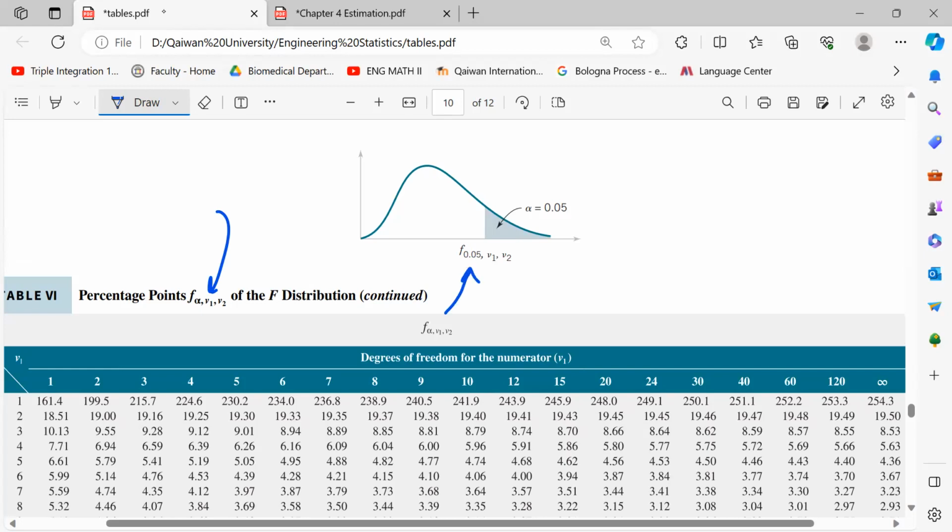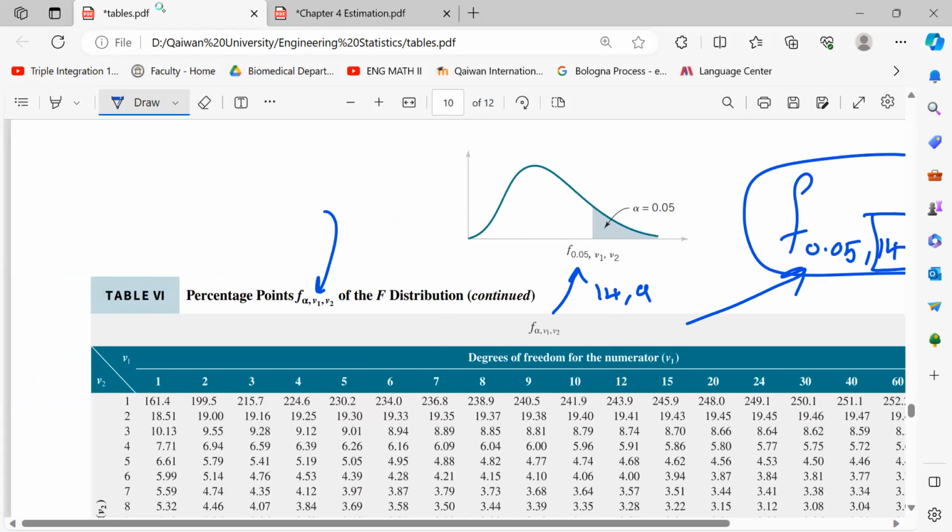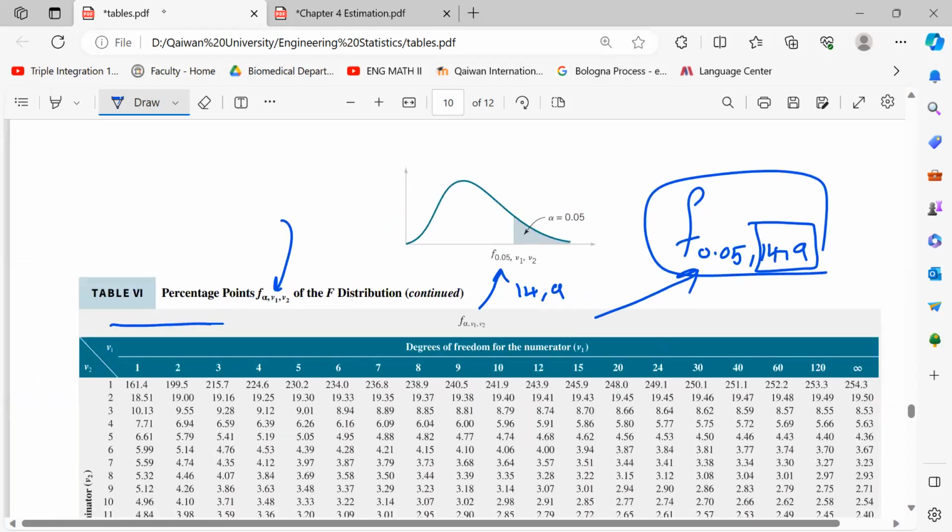In this table, we look for 14 and 9. This one is the first component, and this one is the second component.